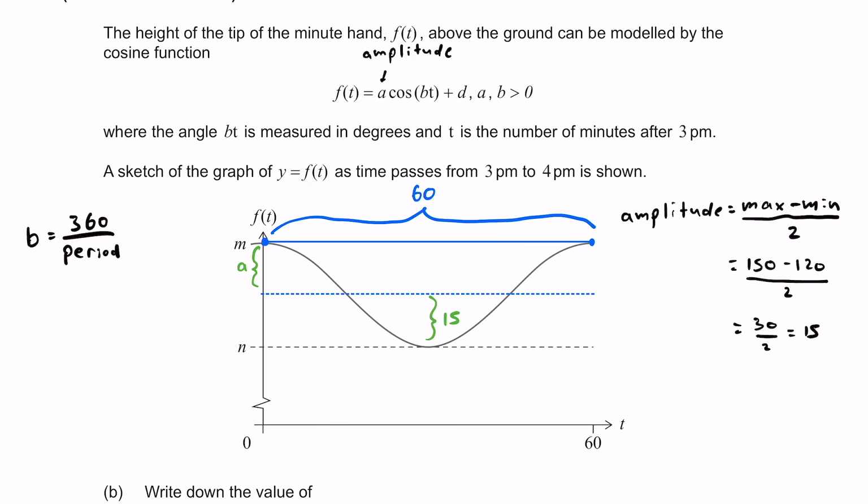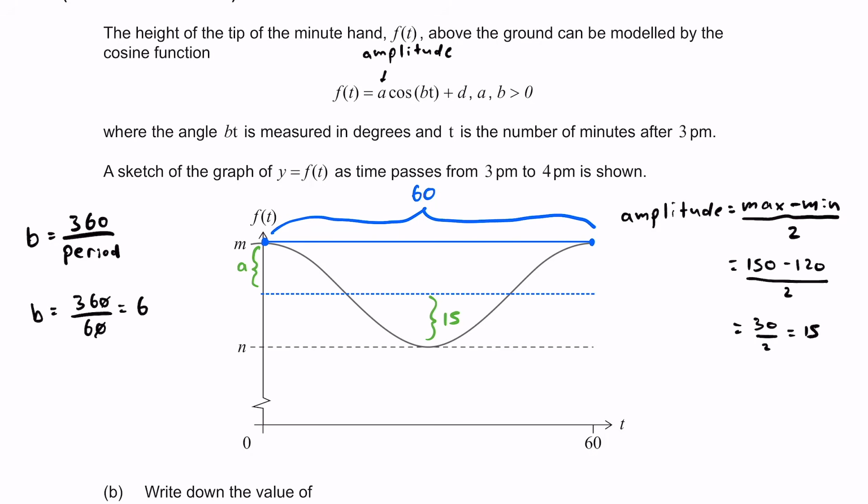So the time taken to sweep through one revolution is 60 minutes for our minute hand. So B is equal to 360 over the period. Period is equal to 60, and therefore 360 divided by 60 is just equal to 6. All right.